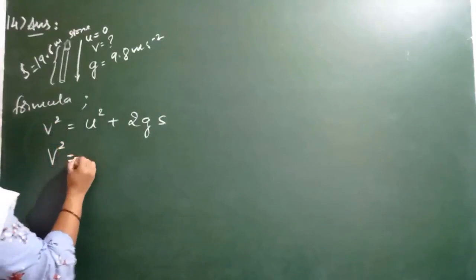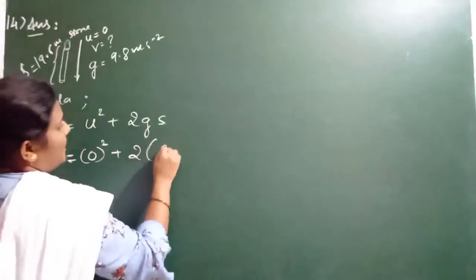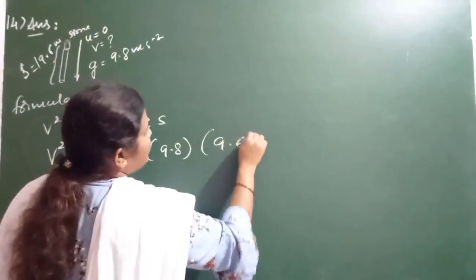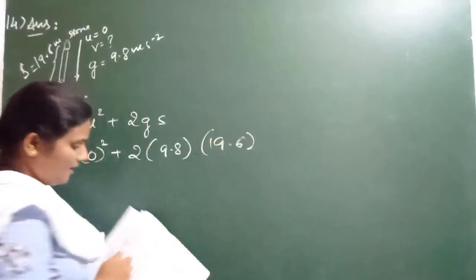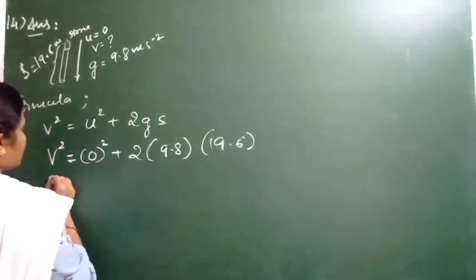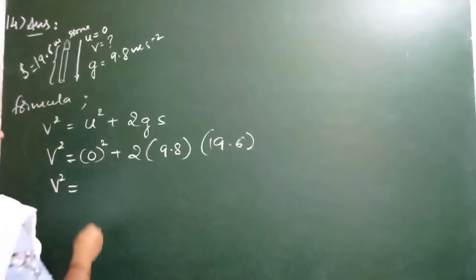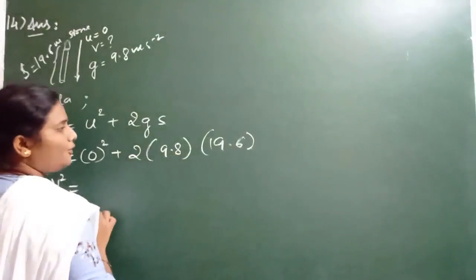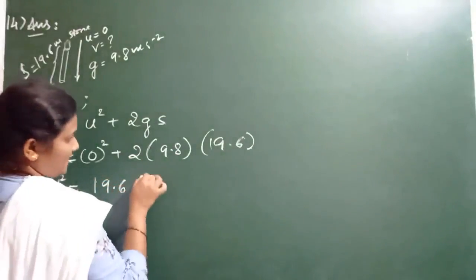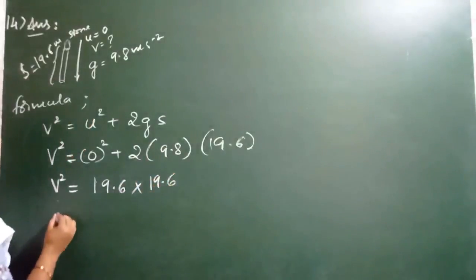Since it is at rest, at that time its velocity will be 0. So what is that? 0 square plus 9.8 into 2 into 19.6, isn't it, children? Yes, 19.6 meter. So v square equals 0 square, which means no value here, then 9.8 into 2 into 19.6, the distance, nothing but the height.